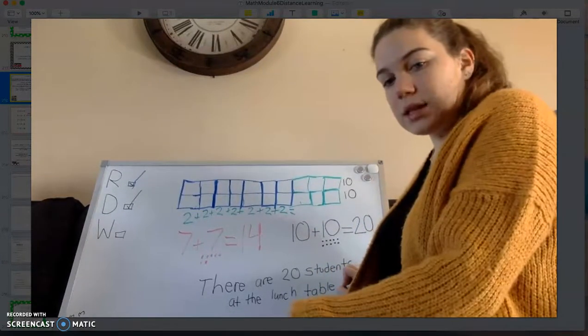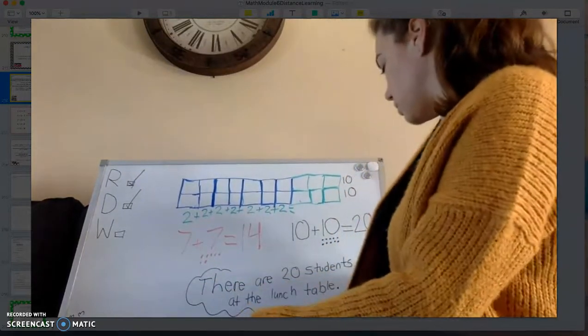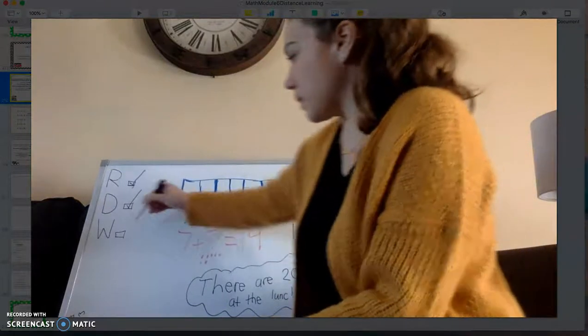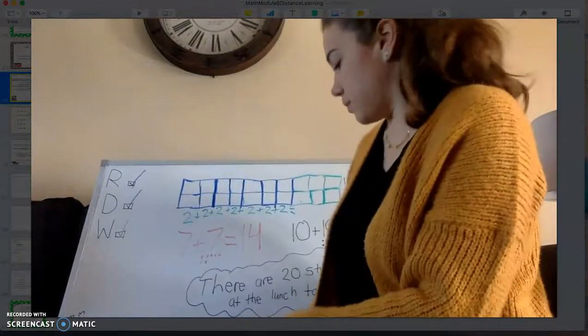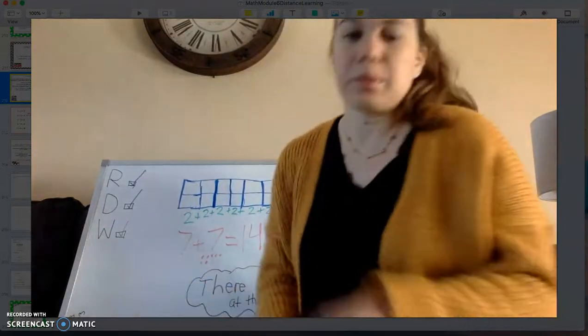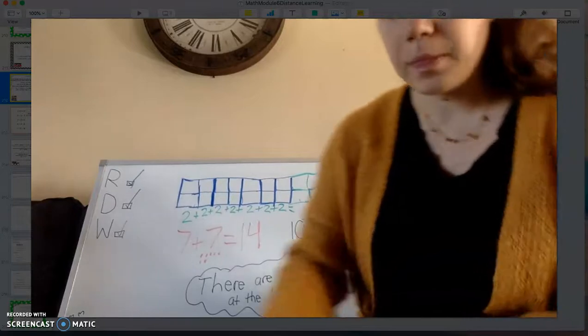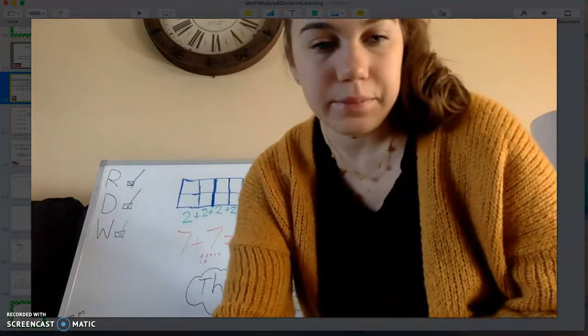At the end of your sentence goes a period. So now we've written our word sentence and we finished our problem. So it says there are 20 students at the lunch table. Very nice job.